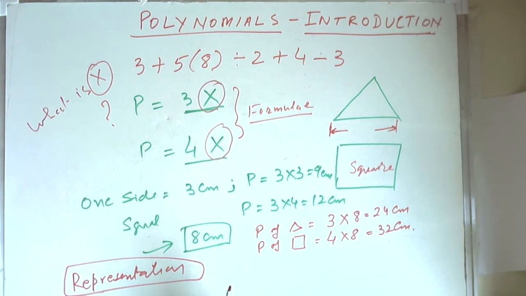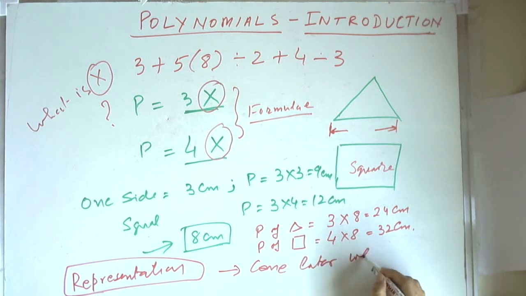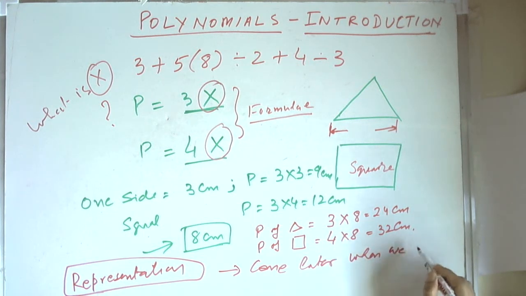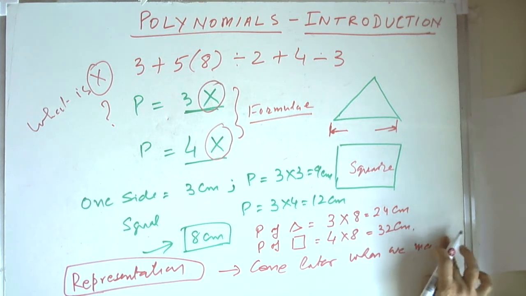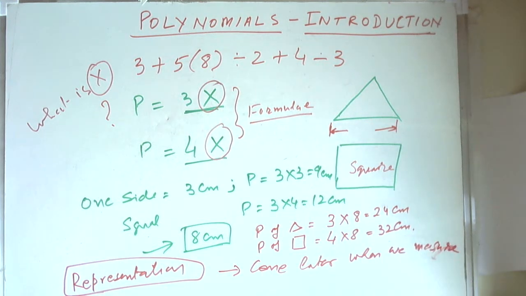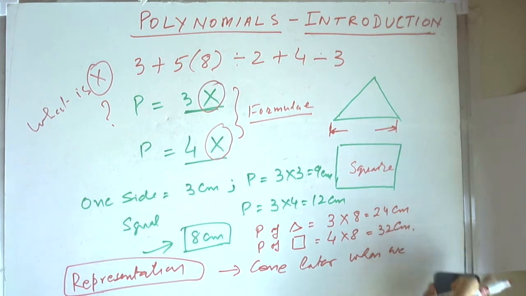And the actual value for this representation will come later, when we measure. So when we measure, then the actual value will come.